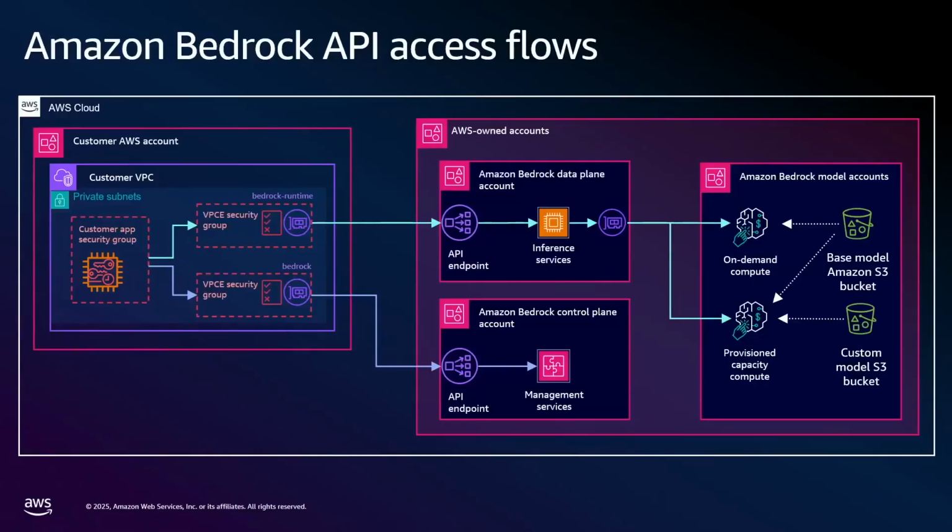Now, this is a typical high-level architecture of what the Amazon Bedrock API looks like, and I want to take you through what the access flow looks like for Amazon Bedrock. On the extreme left, you see the customer's account and the customer's VPC, wherein the customer's application is deployed.